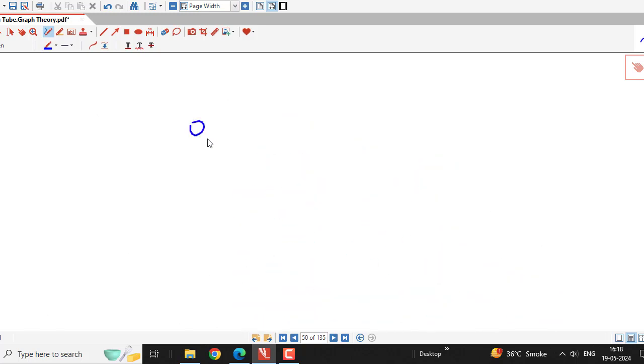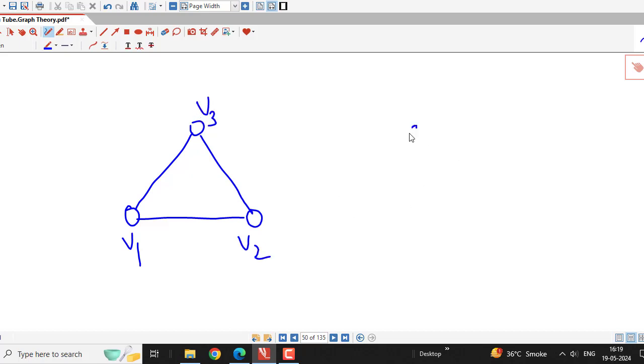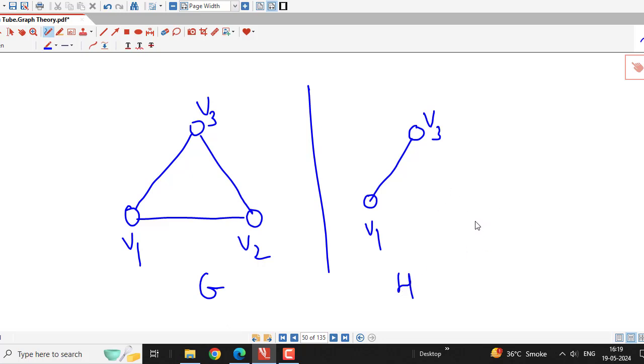For example, if we consider this graph with 3 vertices and 3 edges, suppose vertices are denoted by V1, V2, V3, and if I consider this graph in which I am taking 2 vertices, this is denoted by capital H and this by capital G, then we can see the vertex set of capital H is a set having 2 vertices V1 and V3, and there is only one edge here.